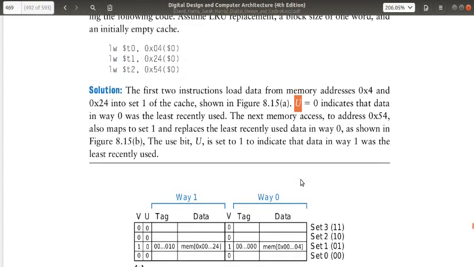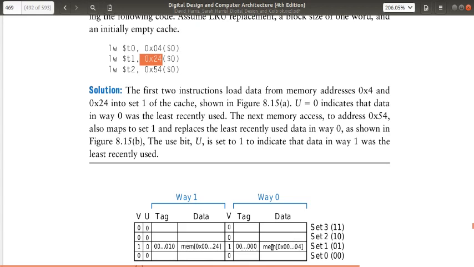During the first time, what happens? First we will copy the content from 0 4 and copy it into this block in set 1. Then we will take this content from this memory and copy it into this block. So now what should be the value of the use bit? It should be denoting block 0, right, because this was used, then this was used. The most recently used one is this one, and this is the least recently used.